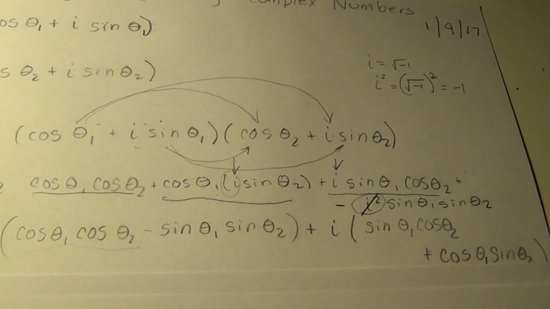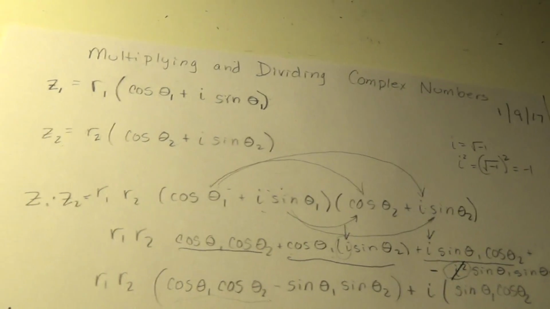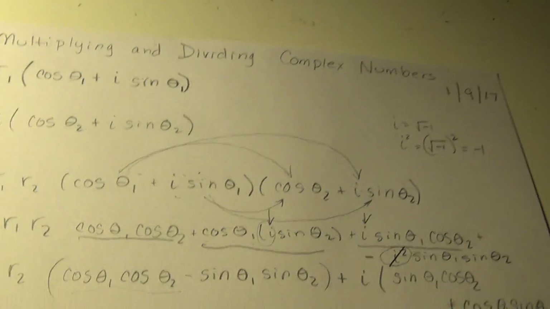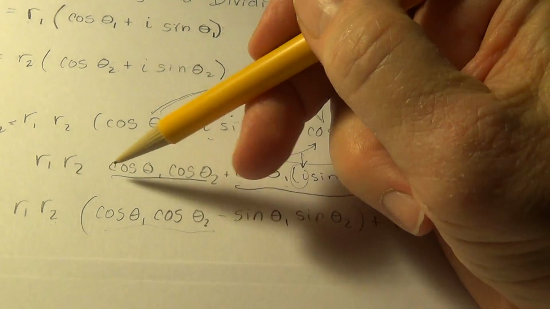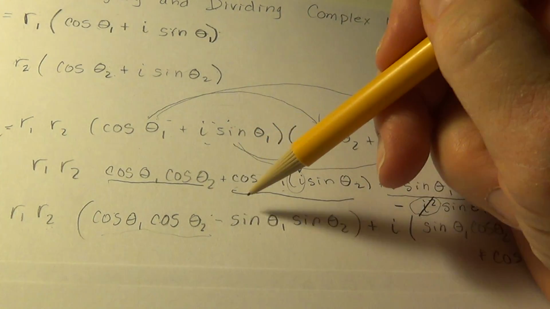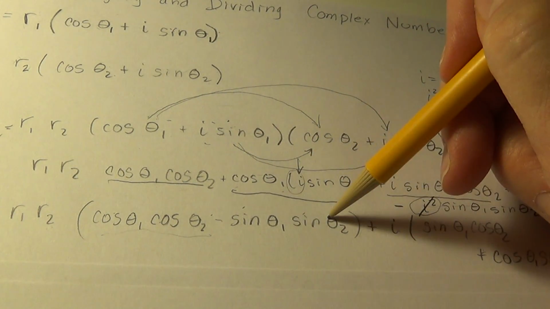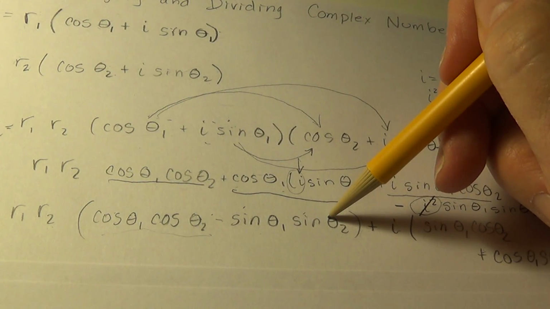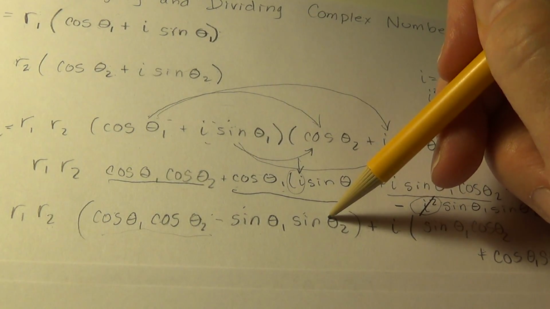All right, do you recognize what has happened here? What is cosine A cosine B minus sine A sine B? You had to memorize that pretty recently. Does it ring a bell?